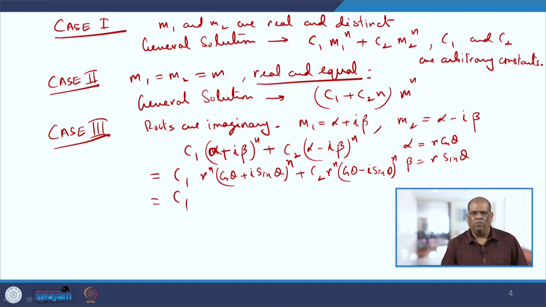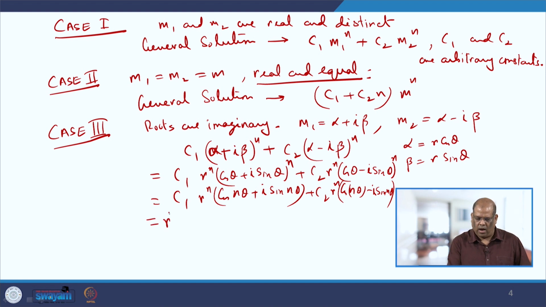Now, we use De Moivre's theorem, and we know that (cos theta plus i sin theta) to the power n will be given by cos n theta plus i sin n theta. Similarly, C2 r to the power n (cos n theta minus i sin n theta).